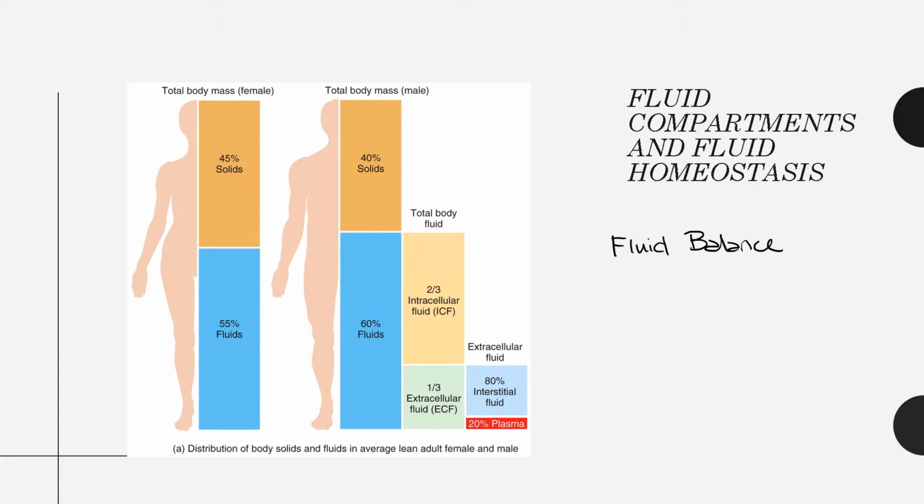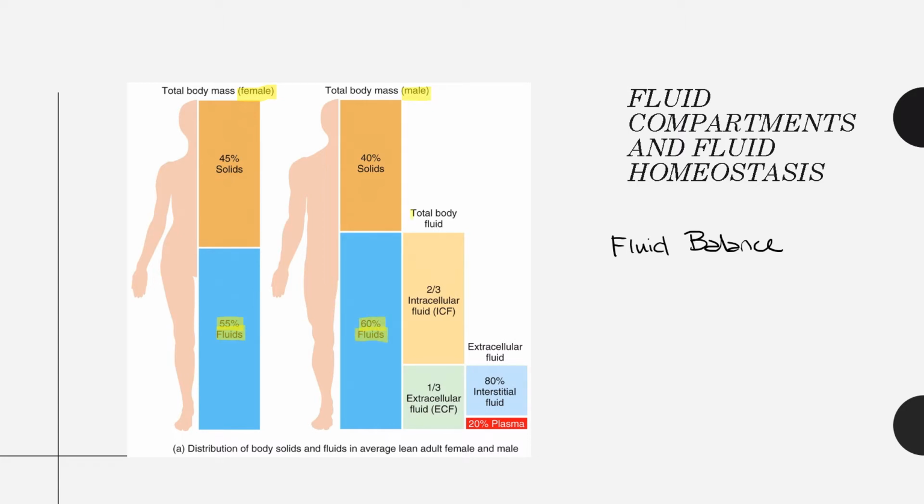So here in this diagram, we can see the body fluid compartments of a female on the left and a male on the right. We can see how much makes up intracellular fluid and extracellular fluid. With the females, 55% of the body makeup is fluids, whereas in males, about 60% is fluids.